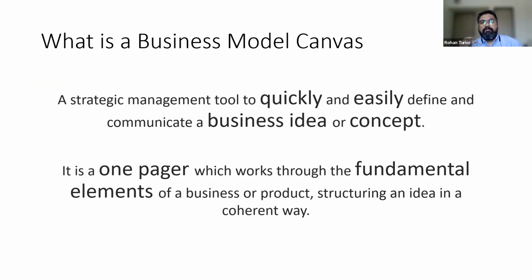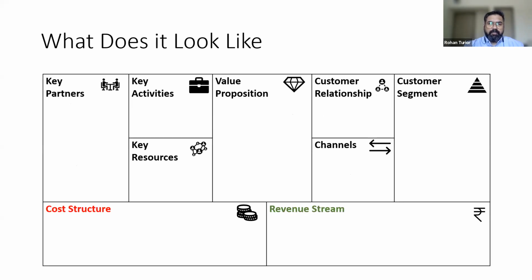Right from what you do, to how you do it, to what the USPs or the main parameters of value of the product or services you deliver are, to the customers that you cater to, the cost structure that the organization adheres to, and also the revenue stream. So, in short, it is the profile of your organization in a single page. This is what it looks like.